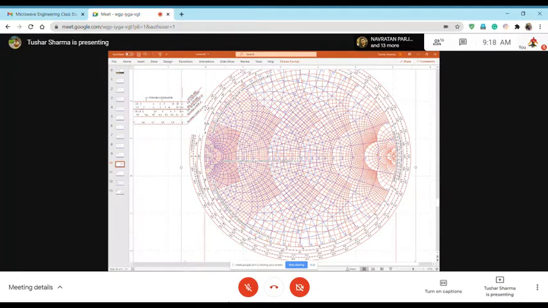The red circles, which are mostly like this red, then this, then this, are called constant resistance circles, which means the resistive part of the impedance will be constant as I move on this circle. It will be R equal to 1.